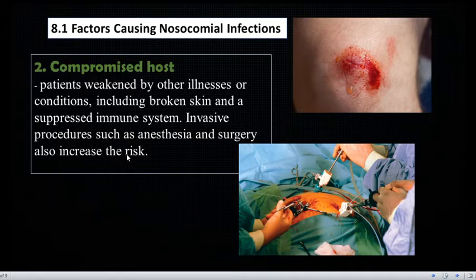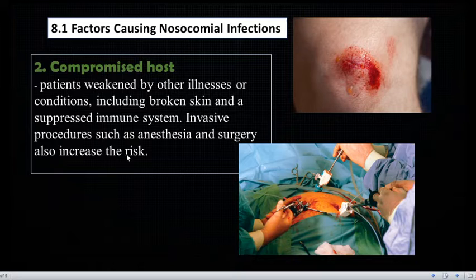Puncturing of the skin or by inserting instruments into the body. So, when you say surgery, that is an invasive procedure because it is opening the body and tools are being entered inside the body. So, any type of surgery is an invasive procedure.